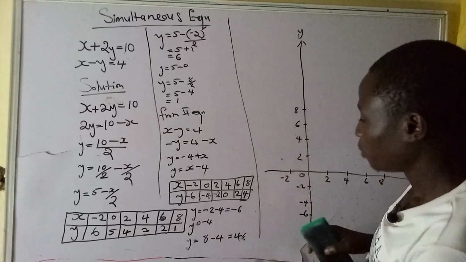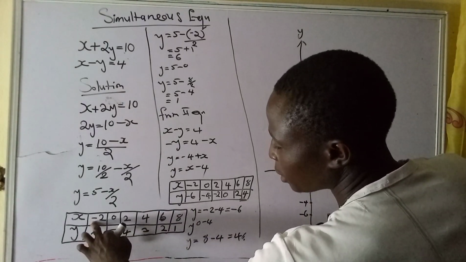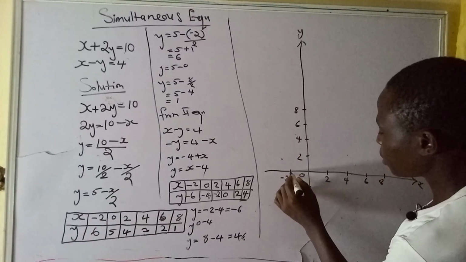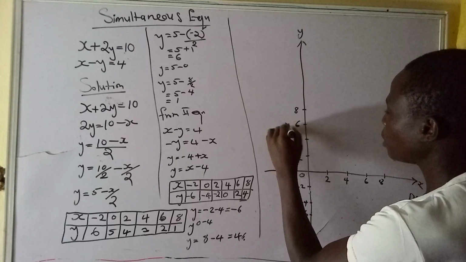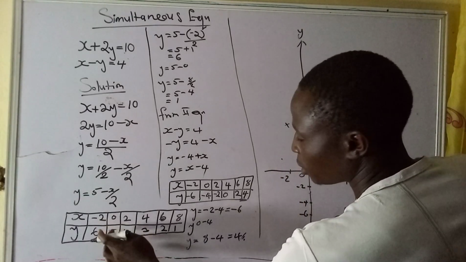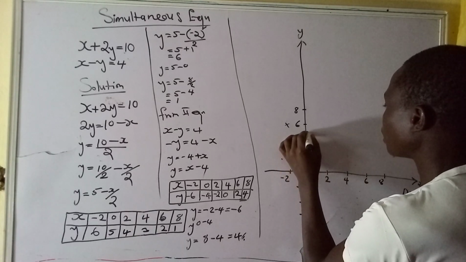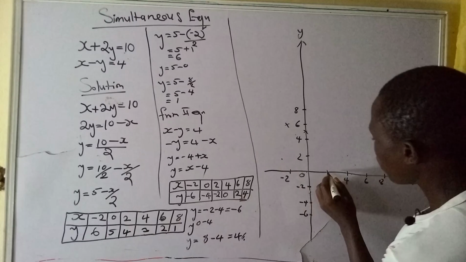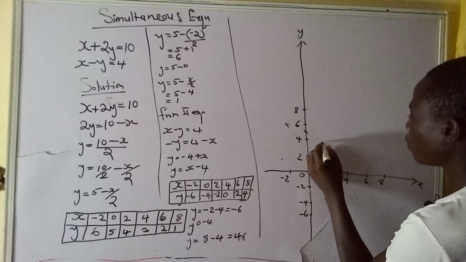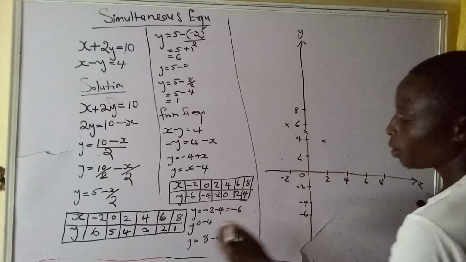Starting from this, the first one, when x is minus 2, y is 6. Look at it, y is 6. When x is 0, y is 5. We can see y is 5. When x is 2, y is 4. We can see it clearly here.